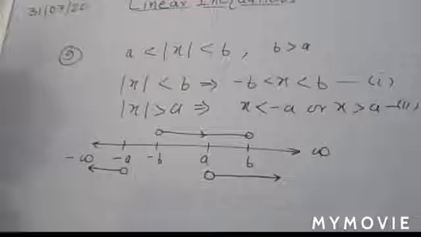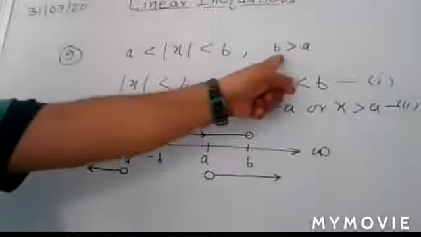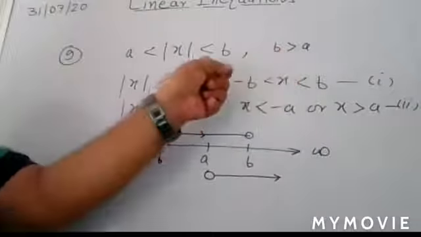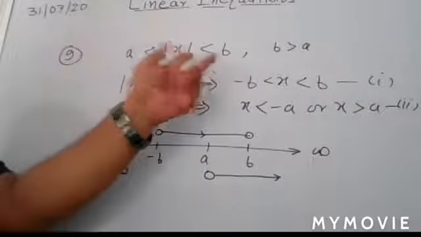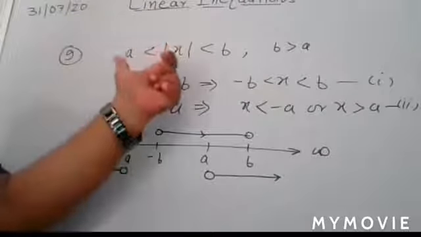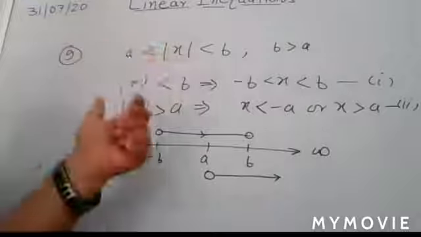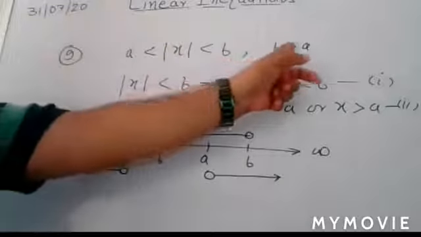That is correct. Why is it correct? Just listen. Due to that inequality, if you have such a result, mod of x is greater than a and less than b. Here you find that b is greater than a.